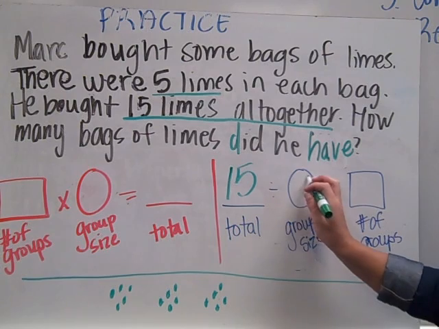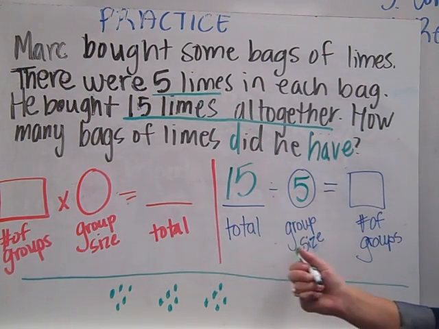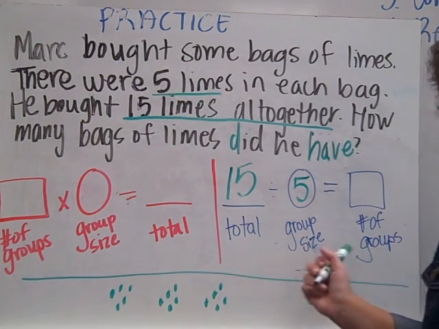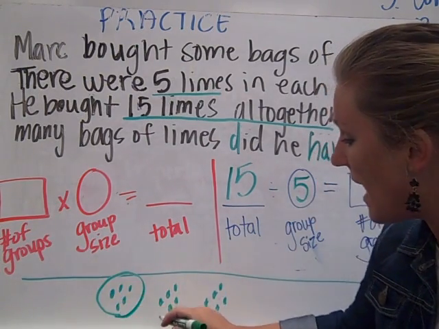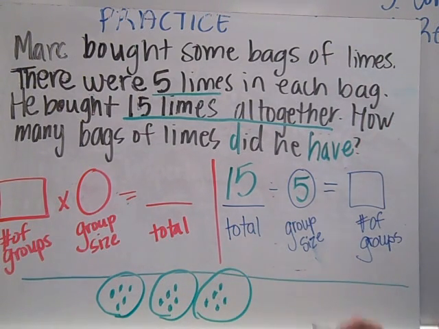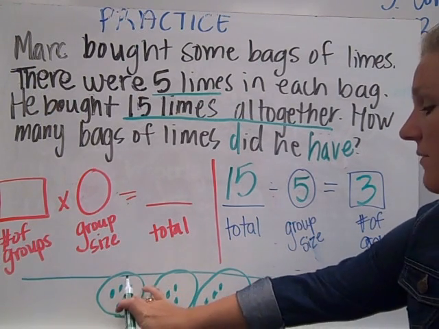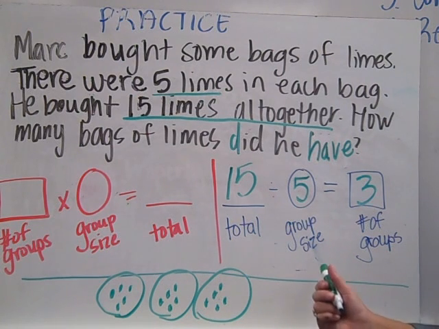So my group size I know is 5. Now all I have to do is make my bags because I want to know how many bags he has. So I'm going to make my 1 bag, 2 bags, 3 bags. Okay? So he has 3 bags of 5 limes each, and I do have 15 limes in all.